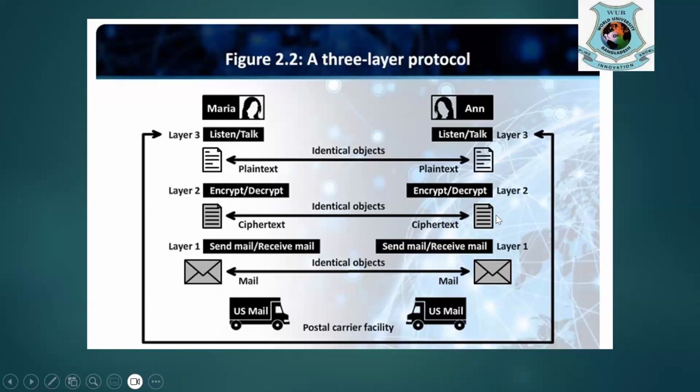Either this layer will encrypt or decrypt. Either this layer will listen or talk. Okay, so every layer has a certain function, has a certain role. It cannot be interchanged between layers.